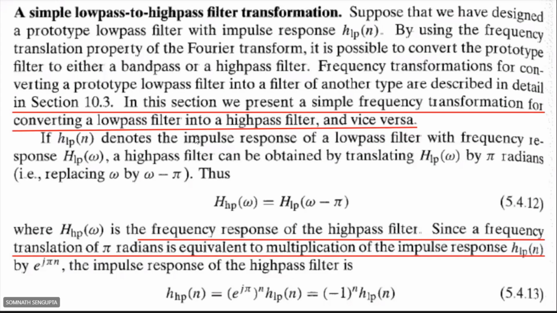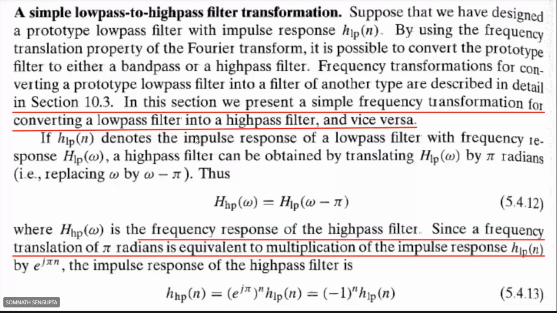But in a high pass filter, it is opposite. Gain is high at high frequency and low at low frequency. High frequency means frequency pi. Low frequency means frequency 0, that is omega.